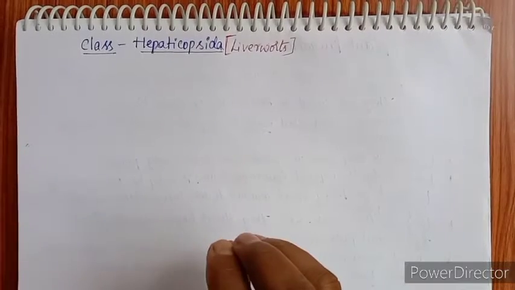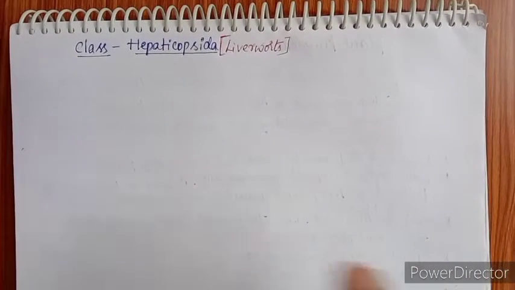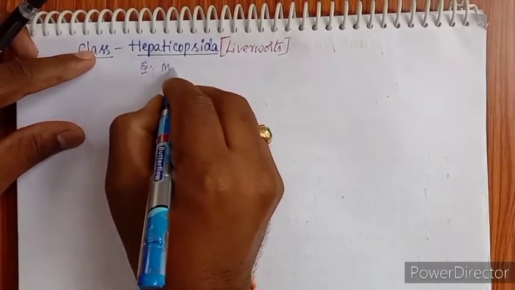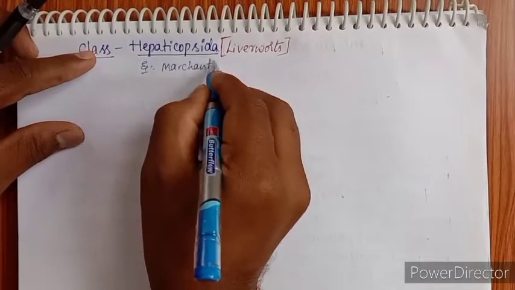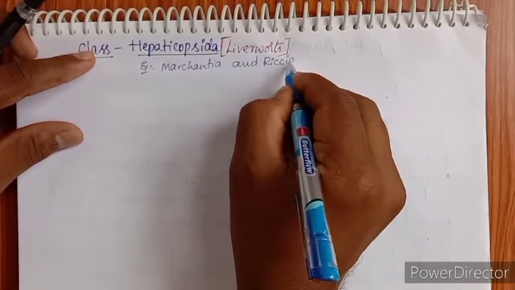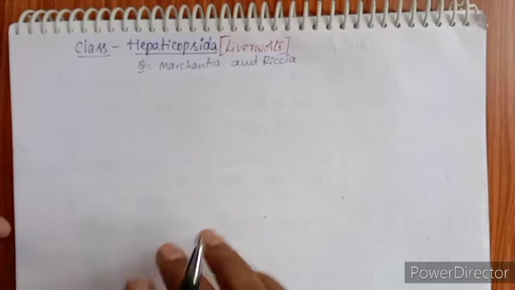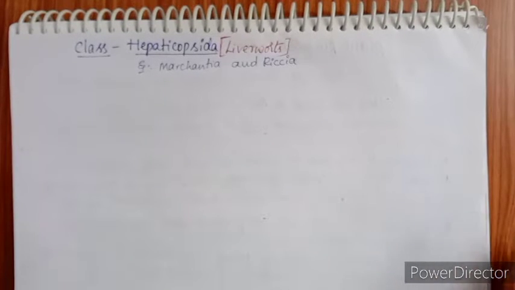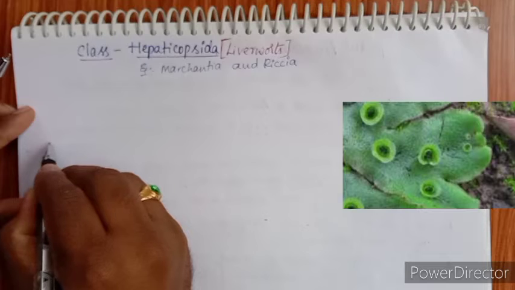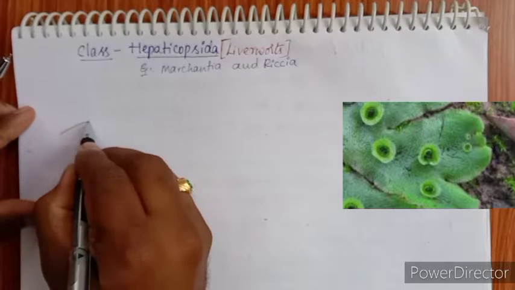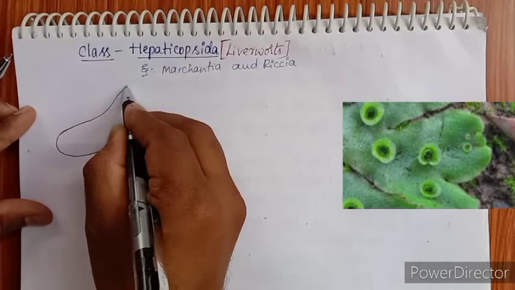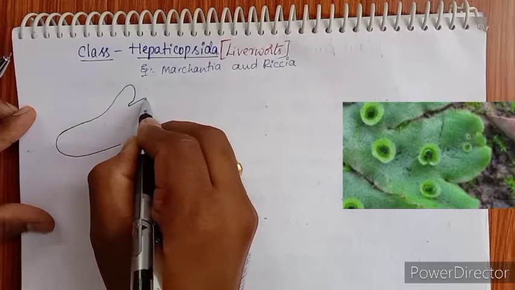As we look at the class Hepaticopsida, we can observe some examples like Marchantia and Riccia. Considering only one example, Marchantia or Riccia, the plant body is a thallus, which means the plant body cannot be differentiated into root, stem and leaves.